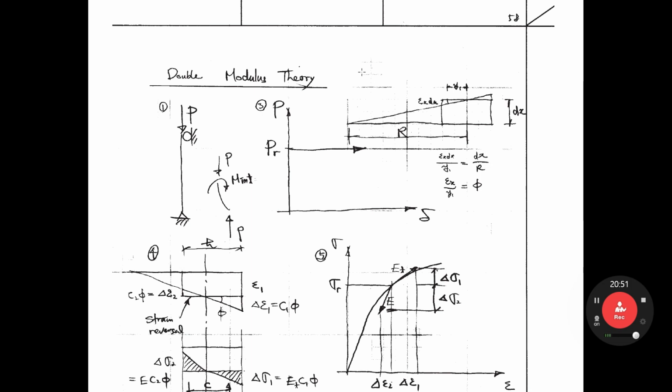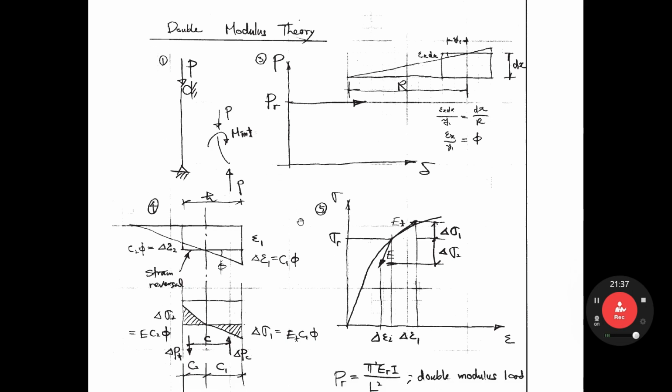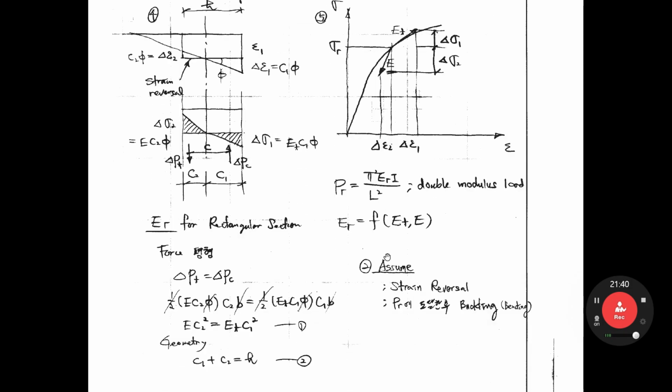Okay, let's look at this. This is a column. Assume the column buckles in this way, on the right hand side. Left hand side and right hand side, it doesn't matter. But for better presentation, I assume it buckles to the left hand side. Then that is a free body diagram and internal moment like this. Here, in this double modulus theory, we assume strain reversal occurs.